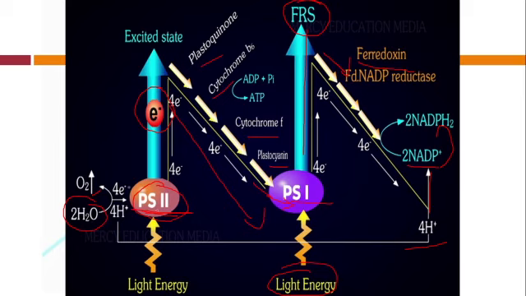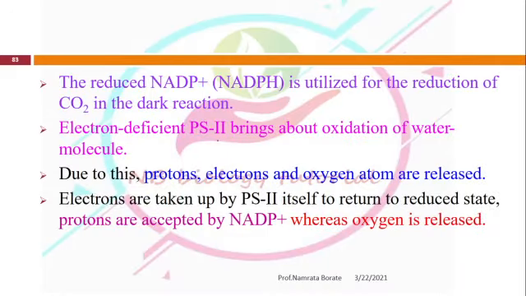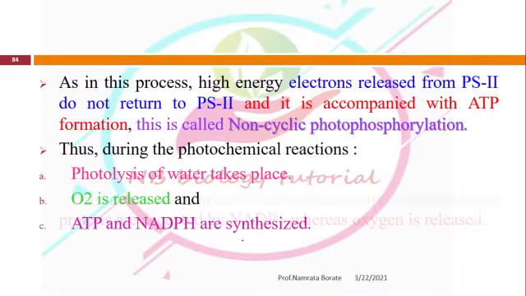Instead, the electron which comes from the hydroxyl group after the breaking of the water molecule, this OH group, gives the electron to the photosystem second, so that it enters the ground state condition. That is what we see.